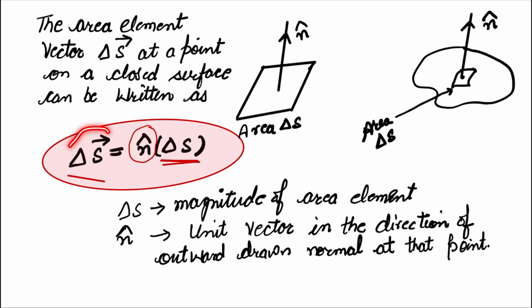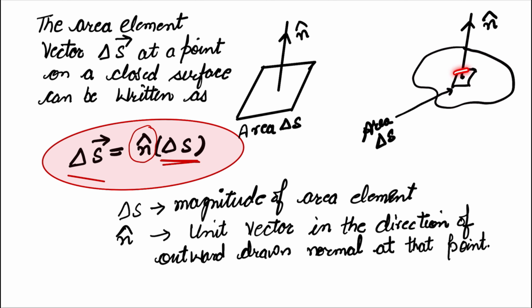So the area vector will be delta S vector, the vector sign is there, which is the product of magnitude and direction. The magnitude is delta S and the direction is n cap, and n cap is perpendicular to delta S. Similarly, if you have any arbitrary curved shape, we know that we need to divide the provided areas into small area elements, right?